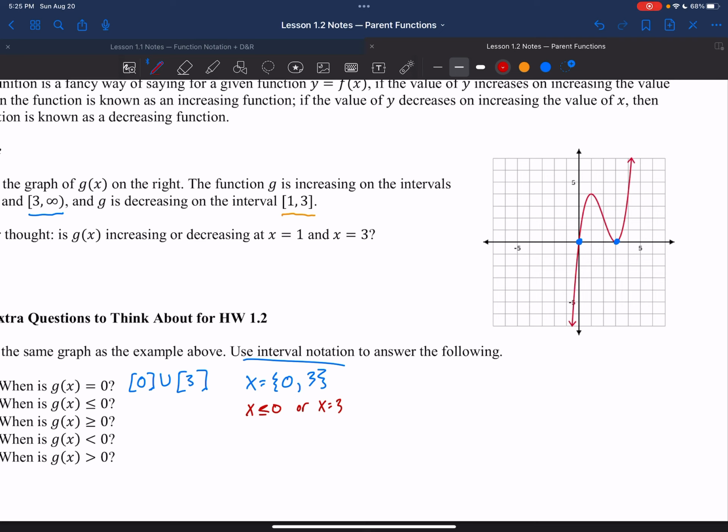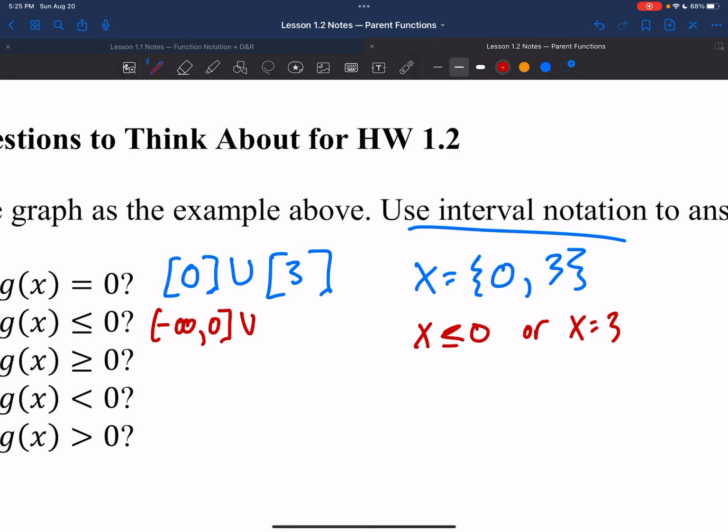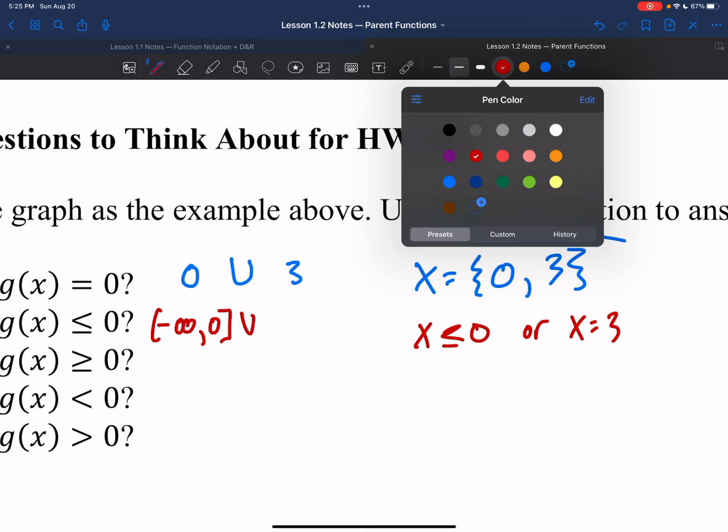So I might say that's from negative infinity to 0 inclusive, unioned with 3. And actually, this is something about interval notation. When it's a singular point like this, we don't usually use a bracket like that. We actually just call it a set.